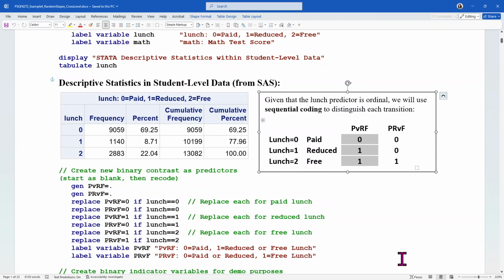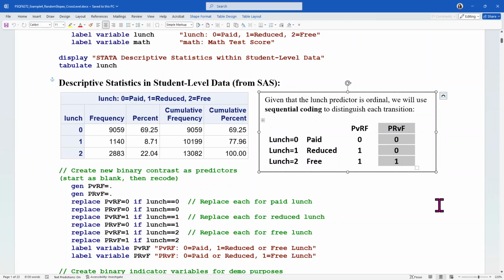It is the difference between paying for lunch and getting some kind of discount. Once these two are both in the model at the same time, this second one differentiates these two sets of ones. And it pulls apart the free from the reduced. But if this is not in the model, it doesn't do that.